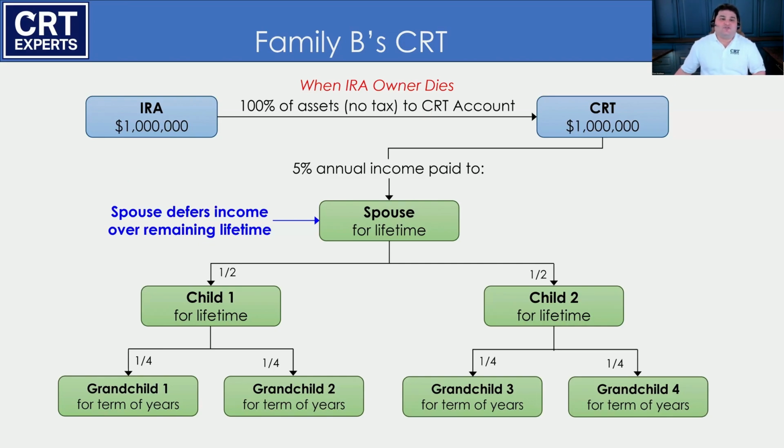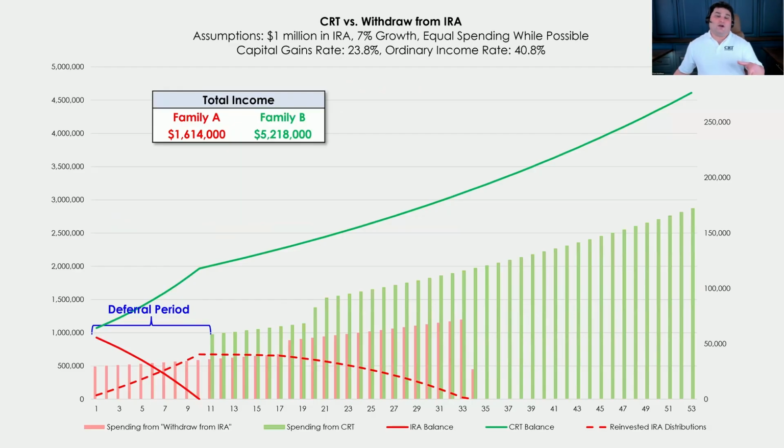And what that obviously is going to do is create significantly more income for, in our case here, the children and grandchildren. So you can see here, the spouse was 84, so a 10-year life expectancy. We assume the spouse defers. So we've got this 10-year upfront deferral period where the trust assets are growing. Again, when there's no distributions, so we're growing up.